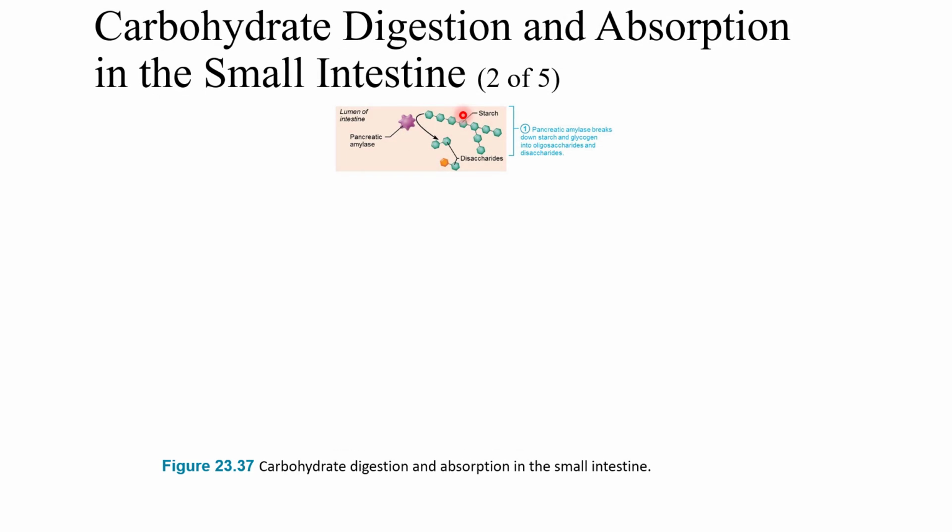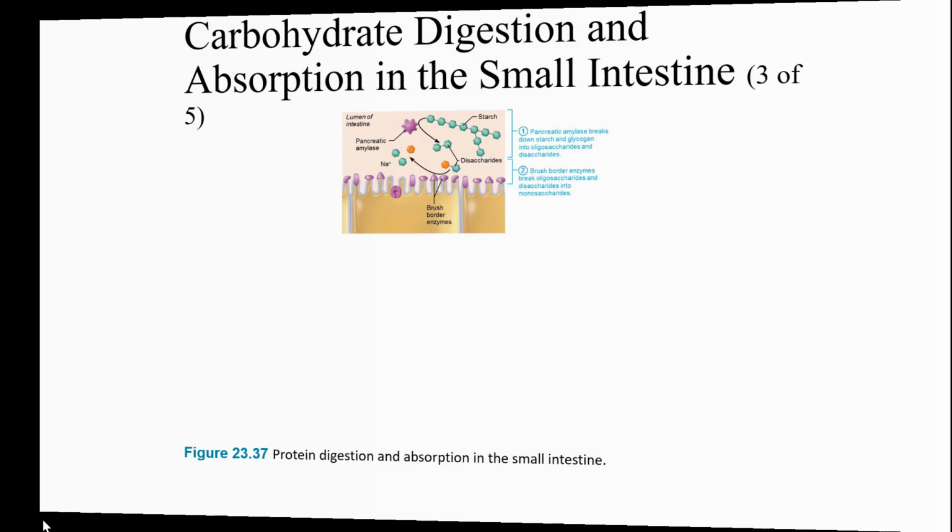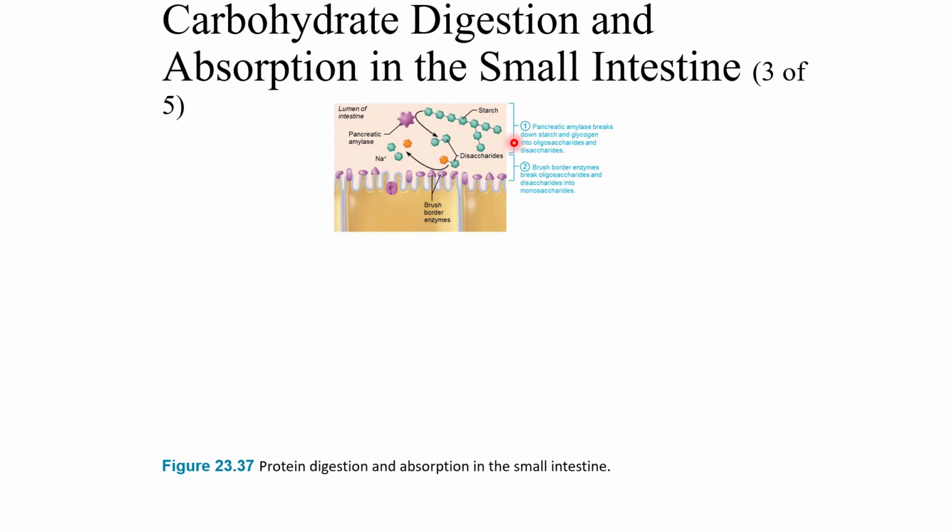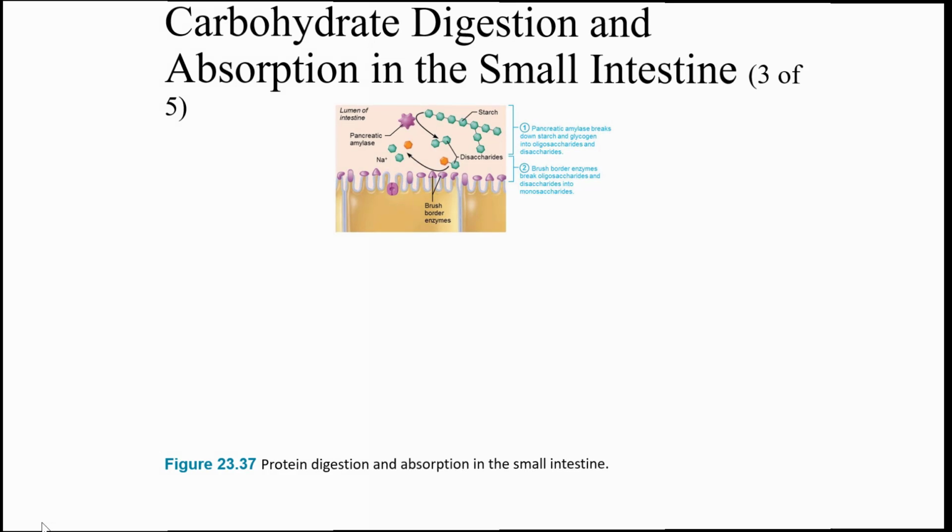Okay, so here it starts with your very big starch. Pancreatic amylase breaks it down, or maybe salivary amylase. Then, once they reach the small intestine, brush border enzymes along the microvilli will break oligosaccharides and disaccharides into monosaccharides.